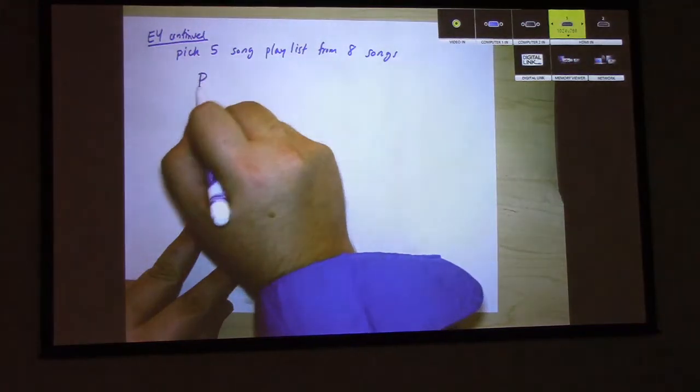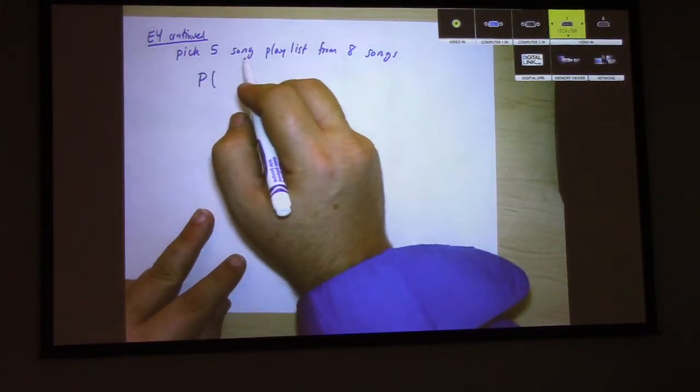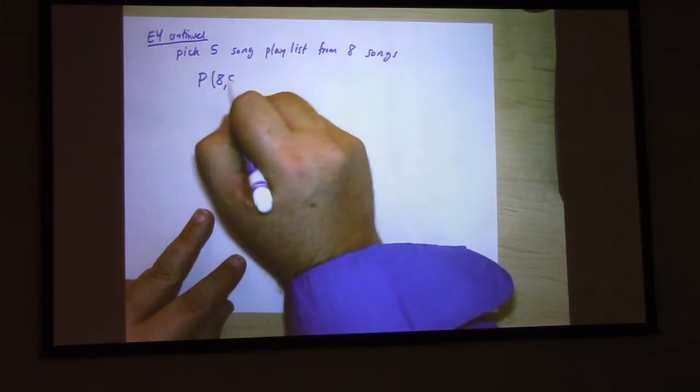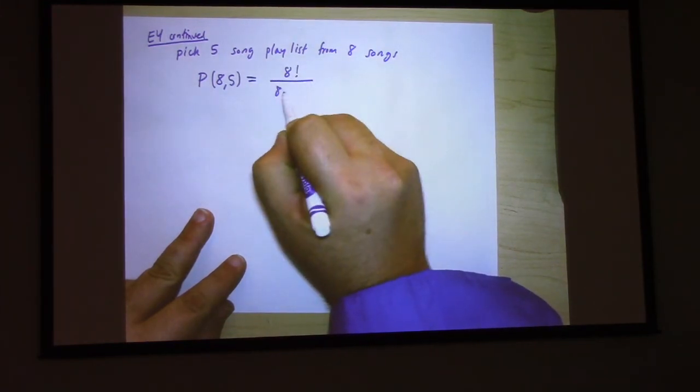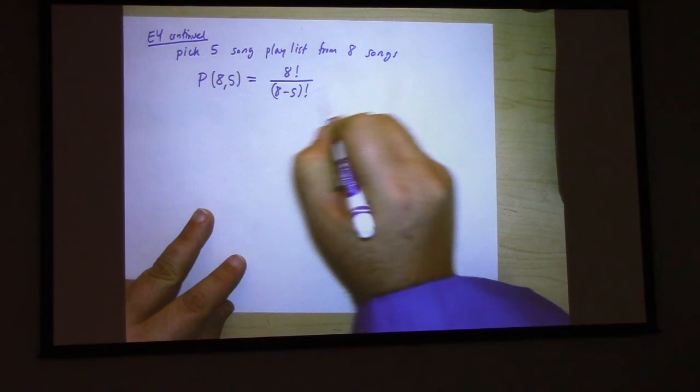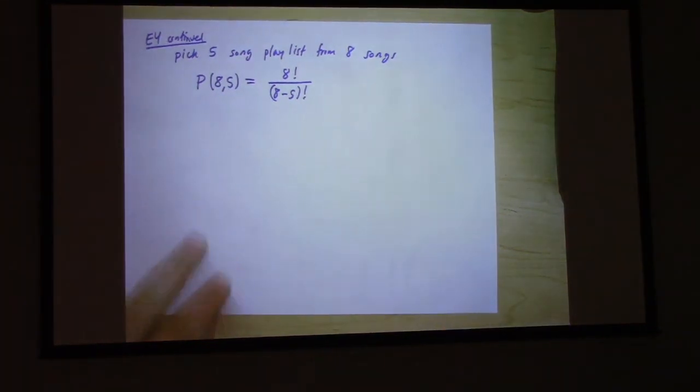You need P of 8 comma 5, and that would be 8 factorial divided by 8 minus 5 factorial, right? And what would that be?